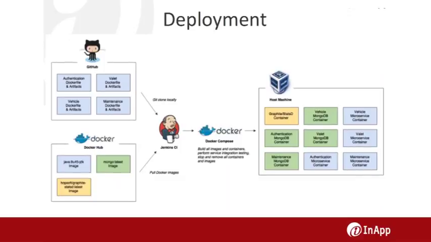This slide shows a workflow where the microservice code is available as a GitHub repository or your private repository, whichever. And the Jenkins continuous integration pipeline clones it locally and runs the Maven packager to build the jar. Then it builds the Docker image for each service, using the Docker Compose tool.